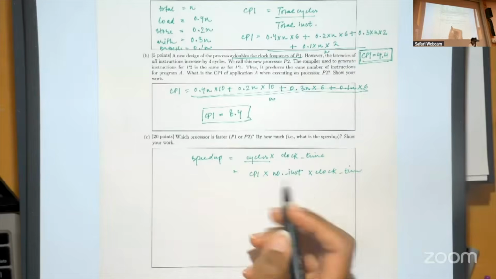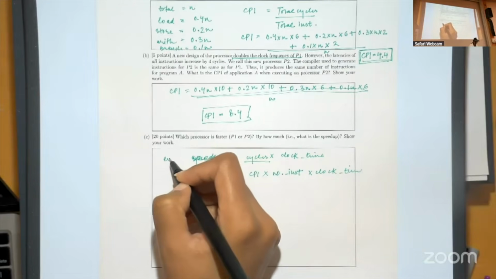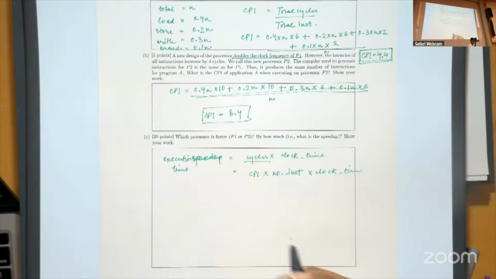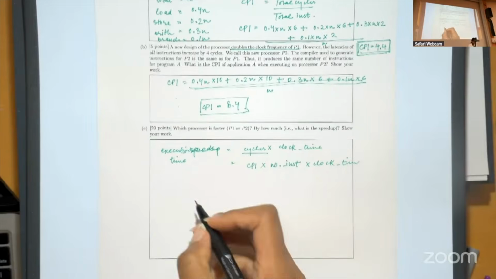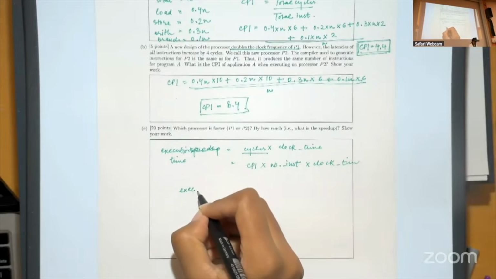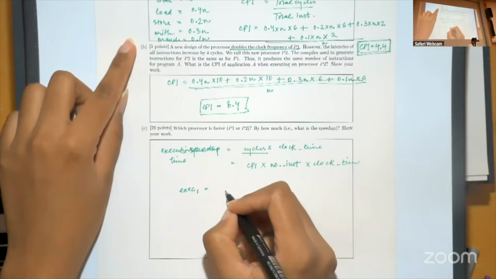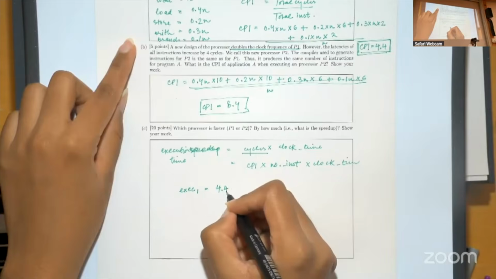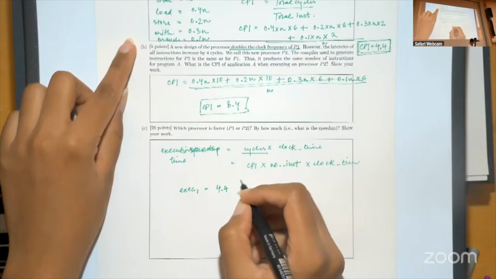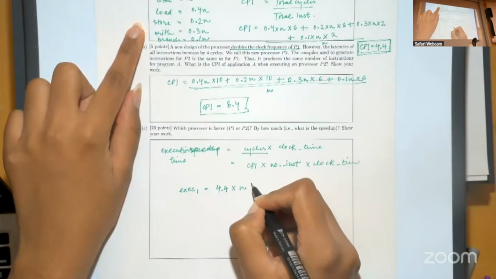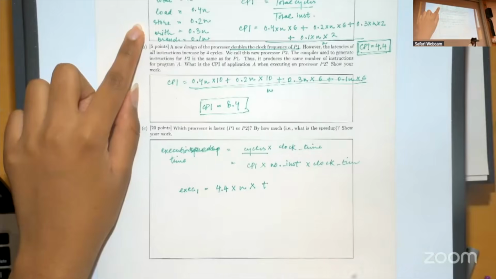Let's calculate the execution time of processor 1 and processor 2. The execution time of processor 1 would be the CPI for processor 1, which is 4.4, and the total number of instructions, let's assume n as we did, and the clock time would be some time t.